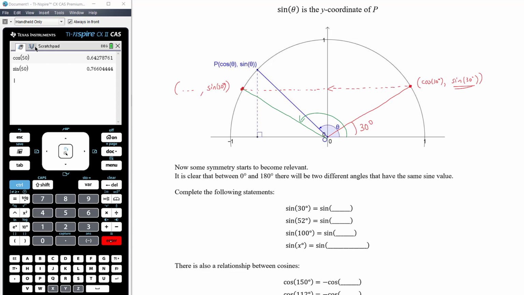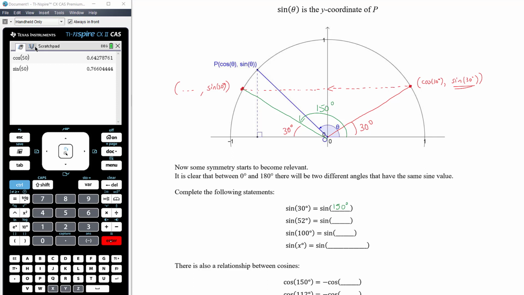Obviously it's symmetric, so this angle in here would be 30 degrees, which means that green angle is going to be 180 minus 30 degrees, so 150 degrees. So we find that sine of 30 degrees is the same as sine of 150 degrees. Those two angles in the unit circle would have the same y value.